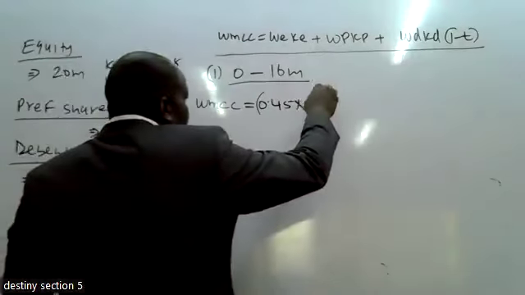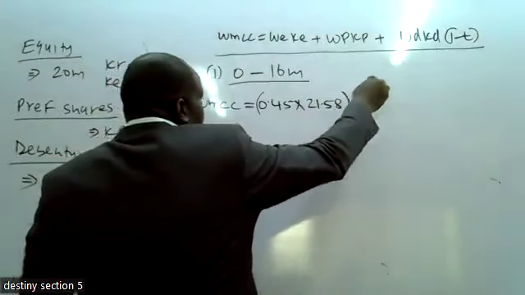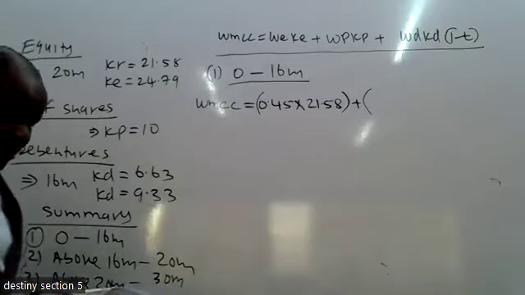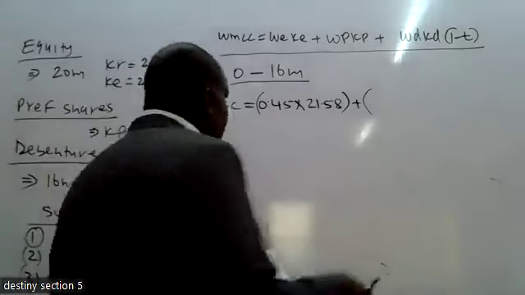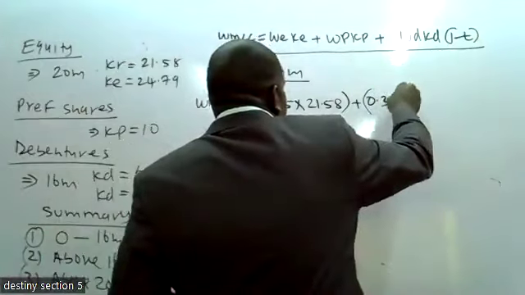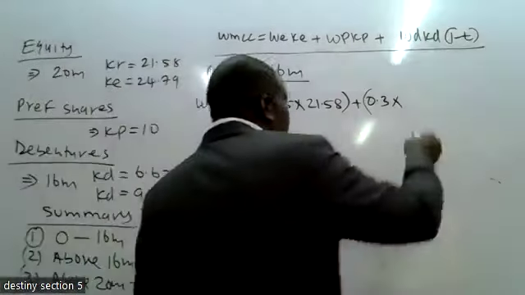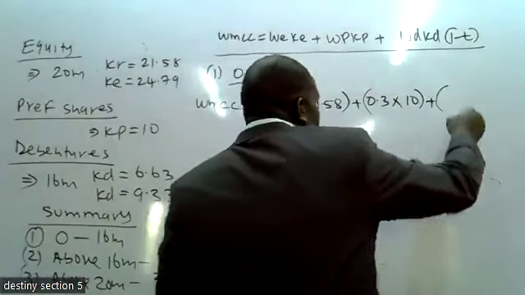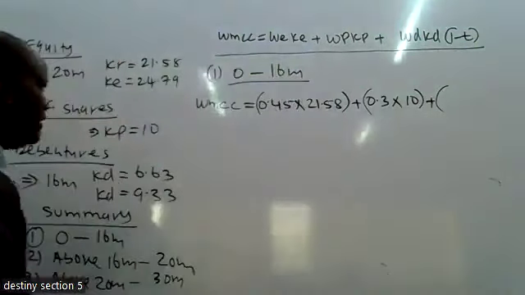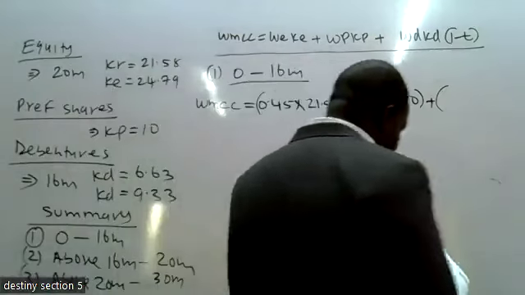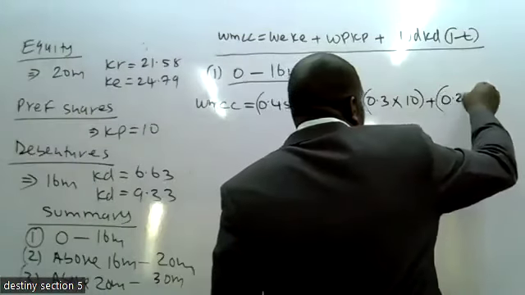For preference share, note number 6 gives 30%. Because it had no breakpoint, its cost applies to all of them. When it comes to the debentures, in note number 6, debenture capital is 25%.